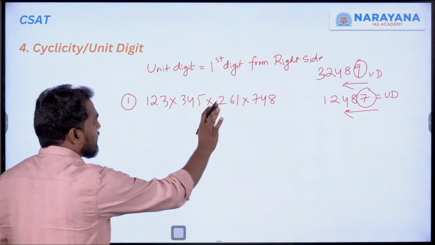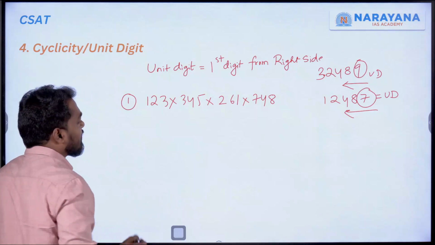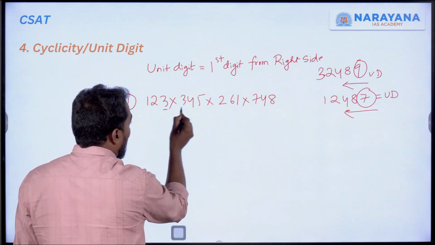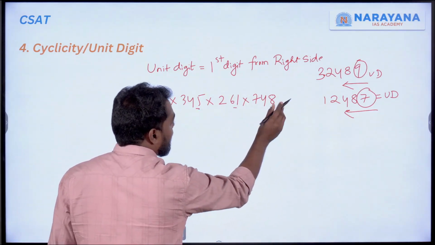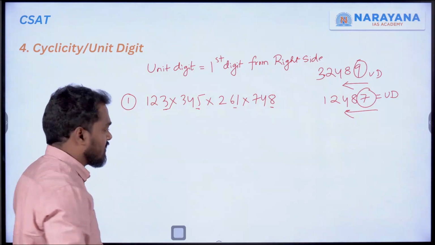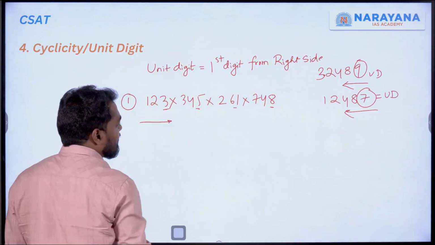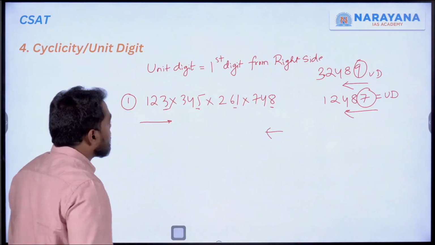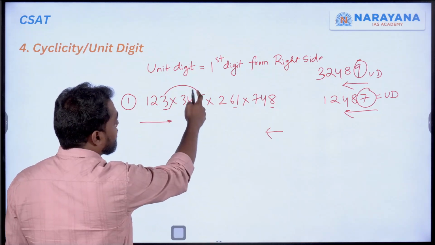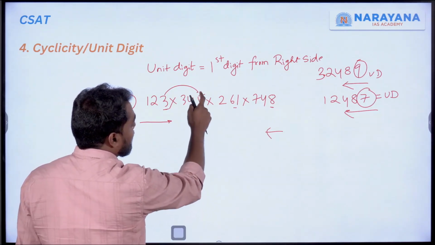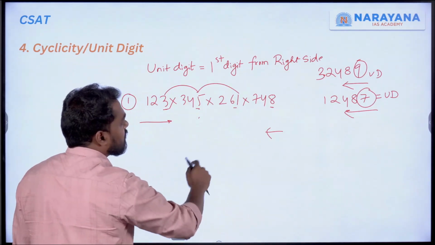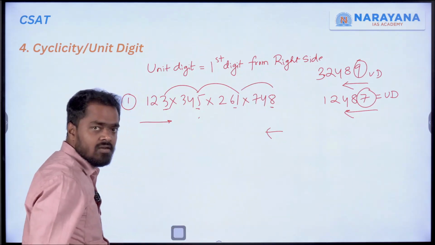These kind of questions are very simple. You have to take all the unit digits and multiply. You will get the final unit digit. Either you can go from the left or you can go from the right. So if you multiply, 3 5s are 15, so the unit digit is 5, and 5 1s are 5, and 5 8s are 40.